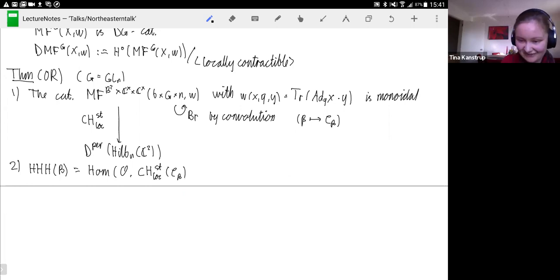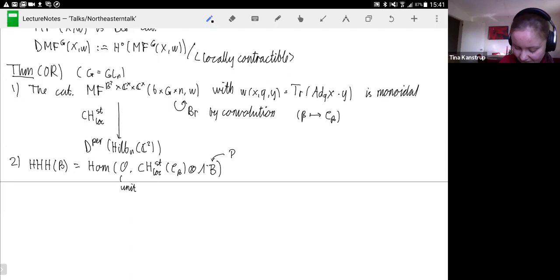So in the interest of time, I'm trying to write formulas in the fastest possible way. So this will be the units, and this is the trivial vector, with fiber.